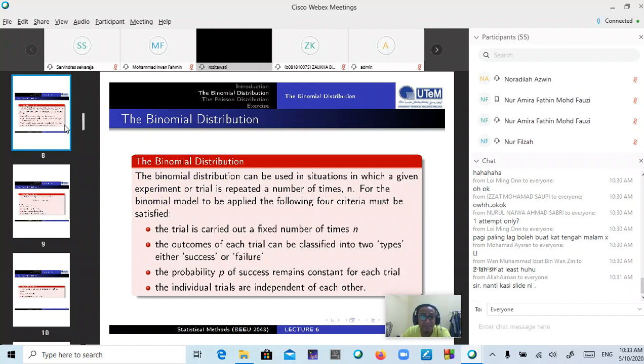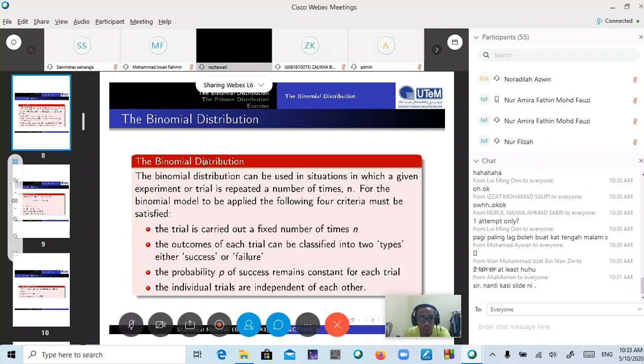When we talk about bi, it is 2. So for binomial, you need to understand it must have two possible outcomes only, which is whether it is success or failure. Success means success for the question, failure for the question needed.